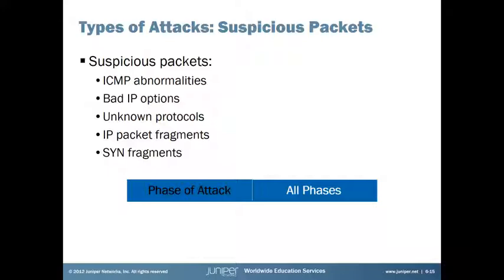Okay, so suspicious packets. How do we tell if something is not right, that we may be getting hacked? Well, ICMP anomalies, which means what if I get a ping? See, a ping is actually quite a small packet. There's nothing in it. It's just an ICMP message. That's it.